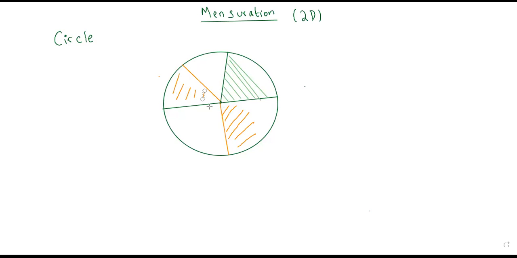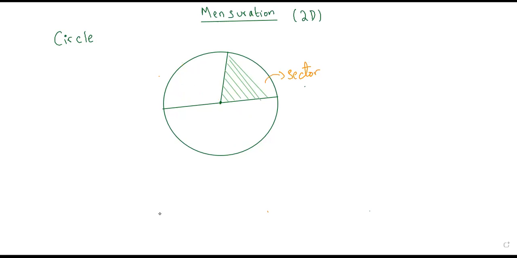So all these pizza slices, whatever you call it, they are sectors. Okay, I'll write it down properly. This is your sector. We'll just stick to one example for now. So that is a sector. And yeah, now we have defined what exactly a sector is.